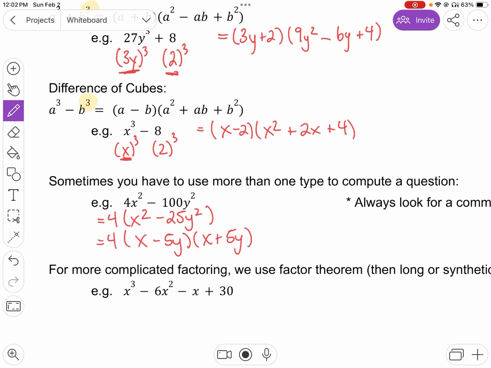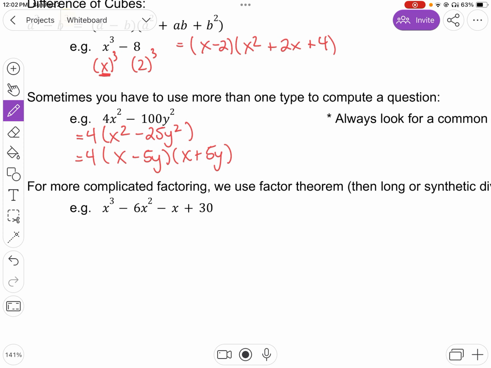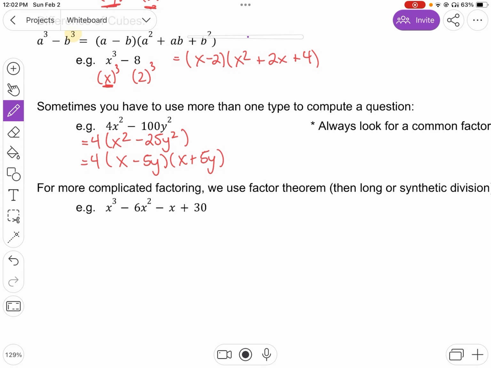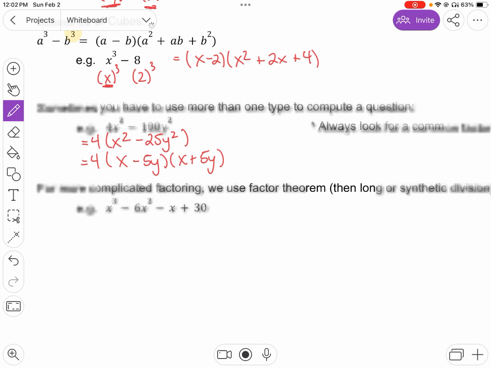So now we're going to look at more complicated factoring. So you see that it starts with an x cubed here, unlike most of the other ones we looked at, which just started with an x squared, and we were able to use decomposition or just simple factoring. This is a little bit different, and so with this, we need to think back to factor theorem.